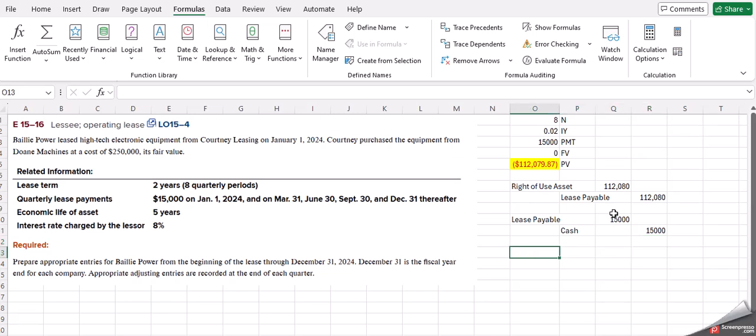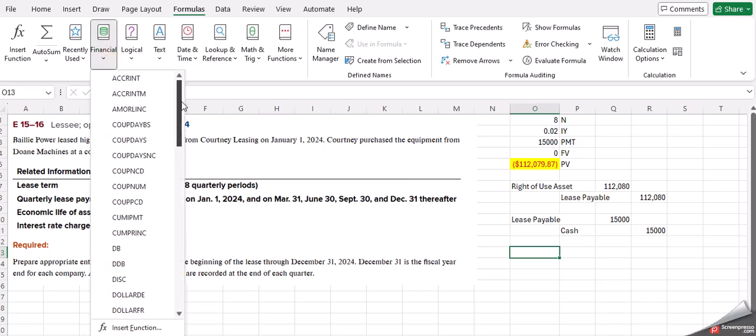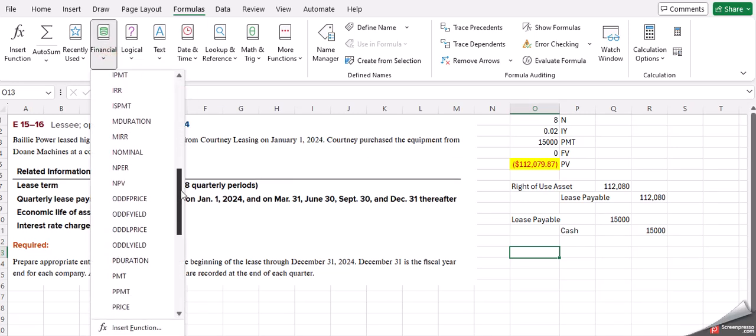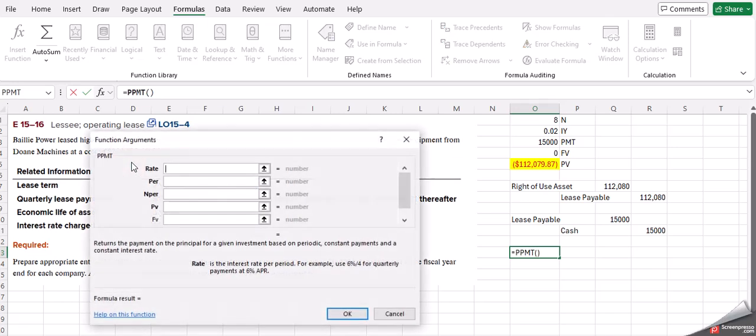Okay, then if we amortize it, let me just try to do one. I'm not going to do the whole table, but let's just do the P to figure out the P payment. So then our rate is the 0.02. We are on the first payment.